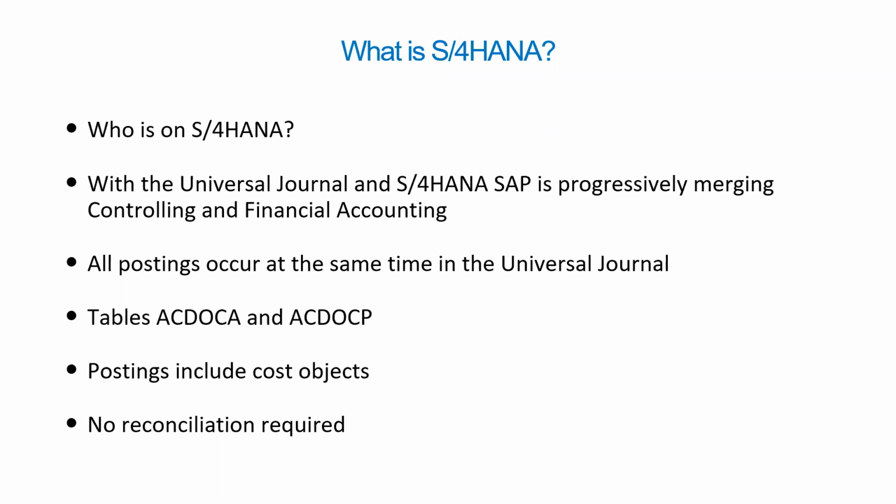They can be production orders, they can be cost centers, and we can also have accounts. Those accounts can be GL accounts in the variance split, which can represent production variances in margin analysis. And we'll talk more about that in just a minute. No reconciliation is required because all the postings happen into the one table.